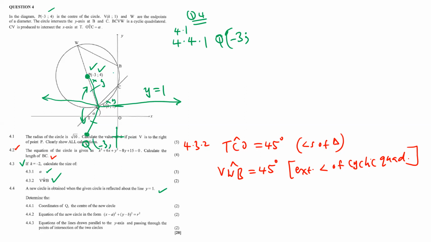From here to there, Y is 1 here and Y is 4 here, so this distance is 3 units. So going down will have to be 3 units as well. If it is 3 units and this one is 1, this one is going to be at -2. So the coordinates of Q will have to be -3, -2.